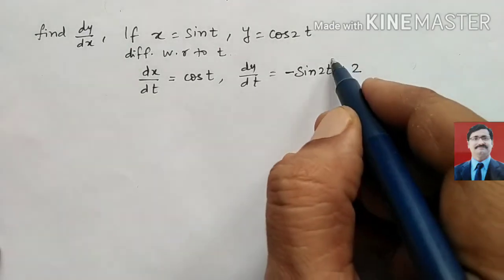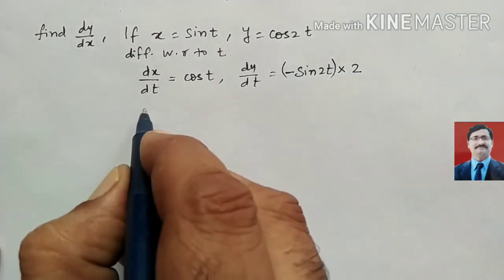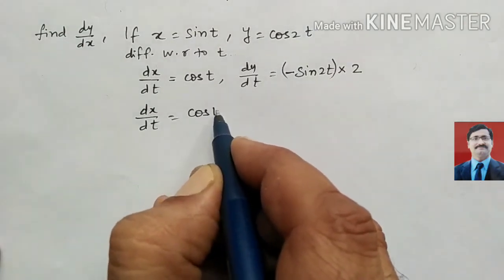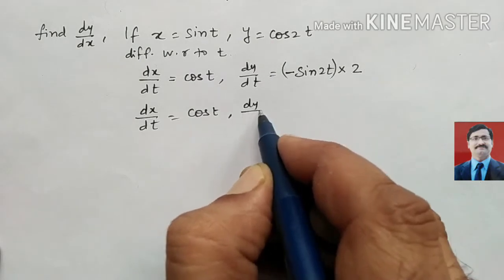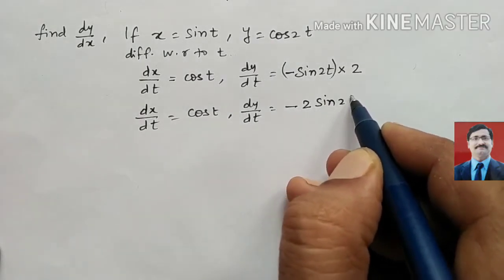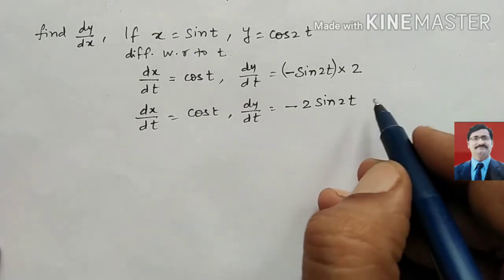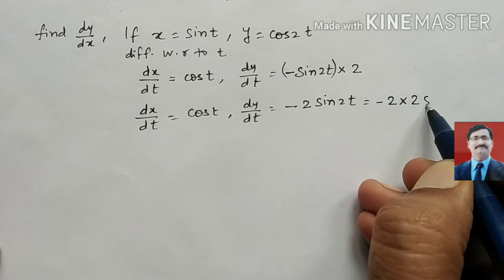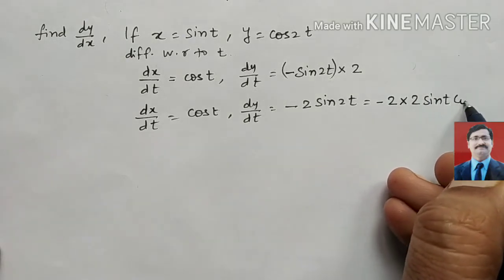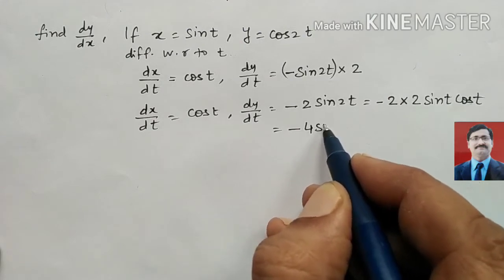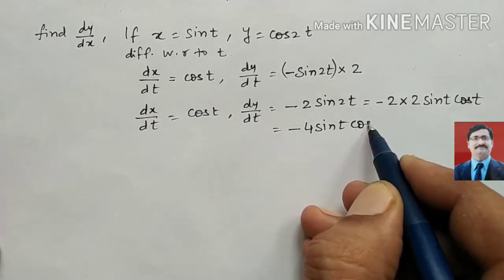So dx by dt is cos t, and dy by dt is minus 2 sin 2t. And sin 2t we can write as 2 sin t cos t, so that is equal to minus 4 sin t cos t.